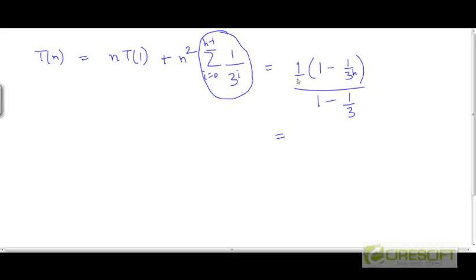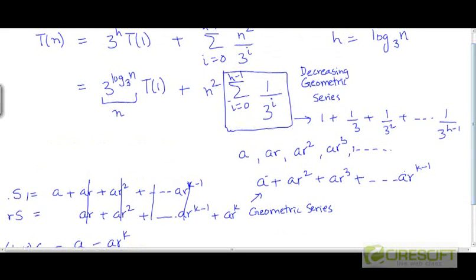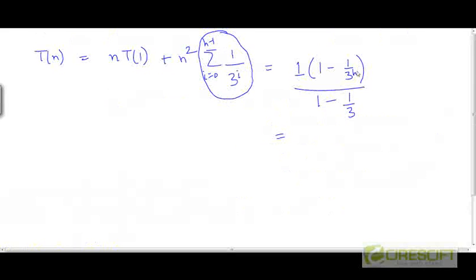So 3 to the power h here is again 3 to the power log of n base 3, which is n. So we can replace this 3 to the power h by n. So 1 minus 1 by 3 here is 2 by 3. When we take this up, we get 3 by 2 multiplied by 1 minus 1 by n. That's this series, and it's multiplied by n squared.